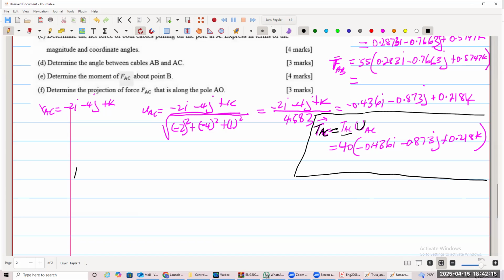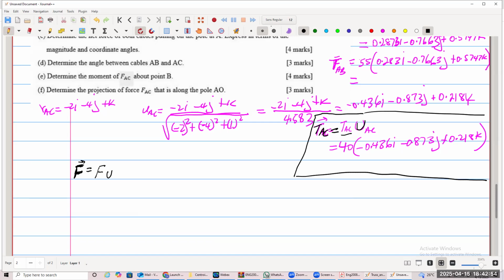You normally see F equals the scalar value of F times the unit vector. The one in dark is the vector, and the one written in light is the scalar.